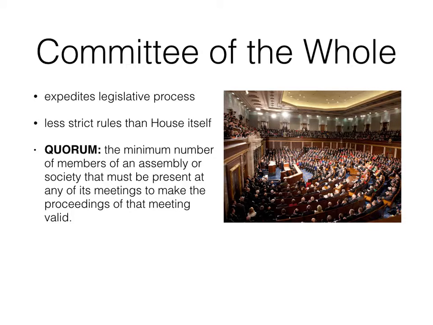But in the Committee of the Whole, only 100 members need to be present. So it takes a whole lot less time to whip up votes and to debate and amend things with 100 people in the House than it does to have 218 or more.